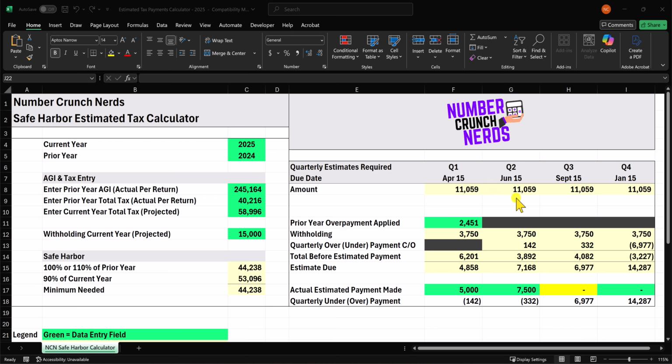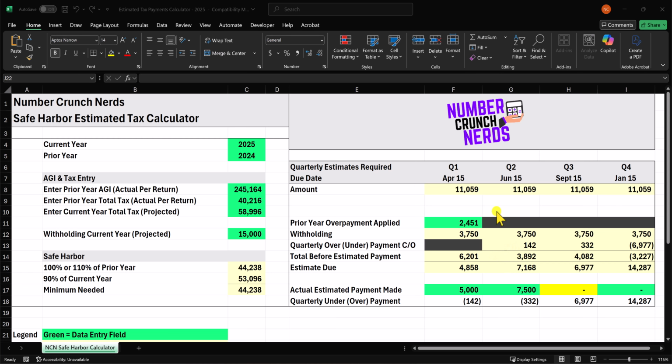Then let's quickly run through Q2. We have the same $11,059 minimum estimate due. We have the same $3,750 of withholding deemed to occur in Q2. We have the $142 overpayment from Q1 carrying and applying to Q2. The grand total paid in so far is therefore the withholding plus this quarterly carryover, which is a grand total of $3,892.